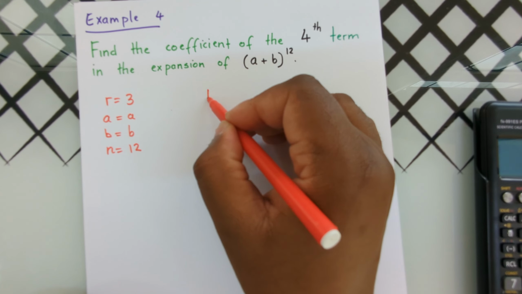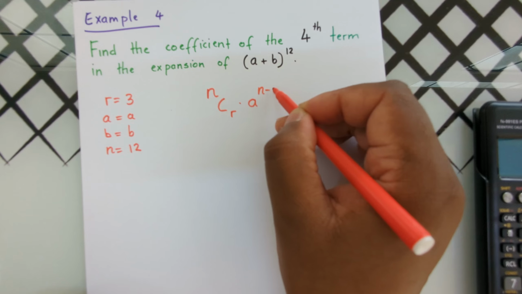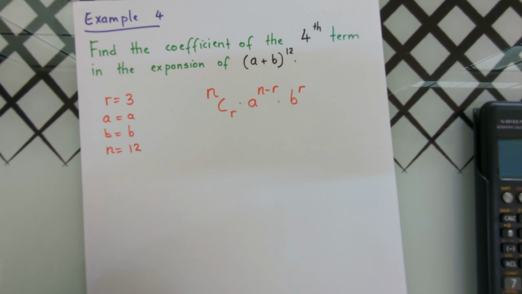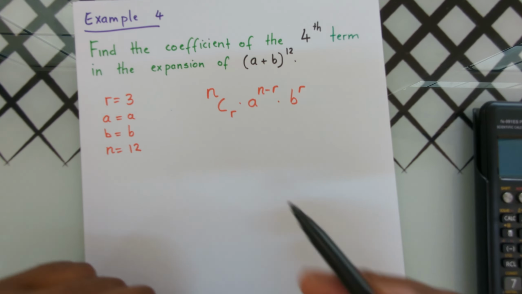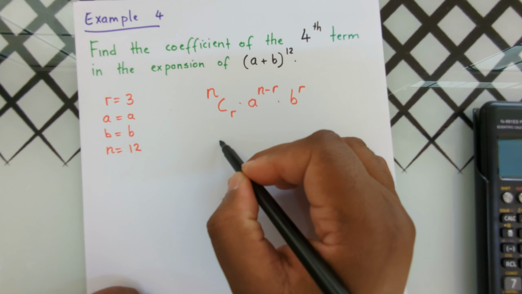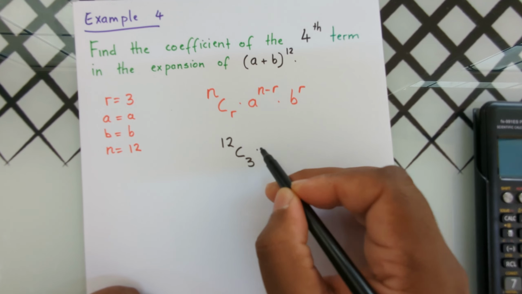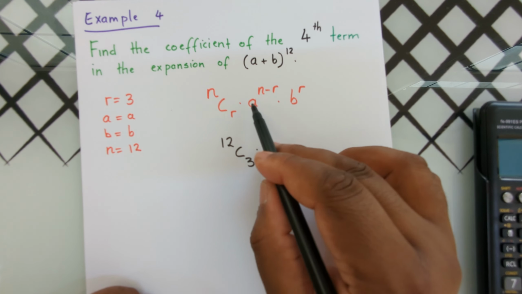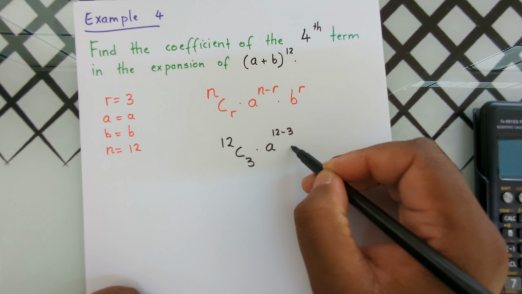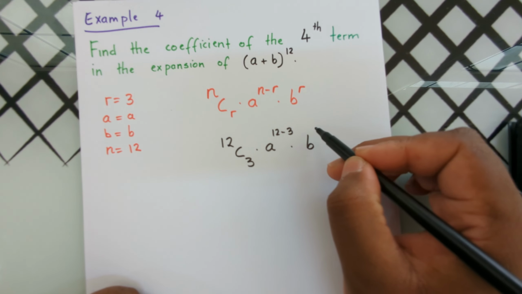And our formula says n choose r multiplied by a to the power n minus r multiplied by b to the power of r. So when r is 3, it will be 12 choose 3 multiplied by a to the power of 12 minus 3 multiplied by b to the power of my r, which is 3.